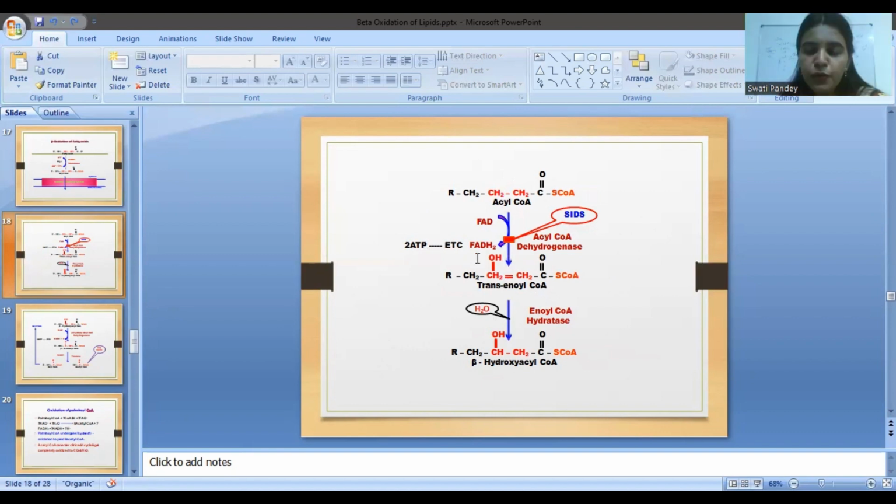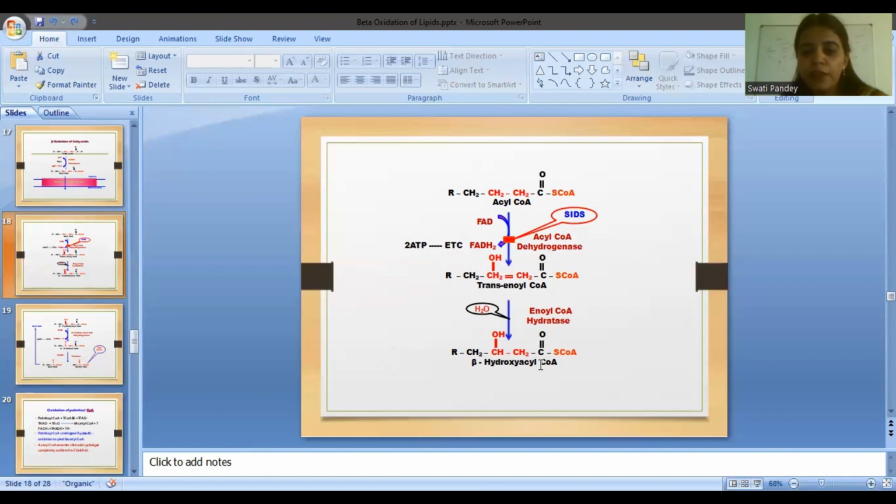This FADH2 generates energy through the ETC, and each FADH2 is responsible for the production of 2 ATP molecules. Here the enzyme acyl coenzyme A dehydrogenase is required. So here we can see that there is an introduction of a double bond.